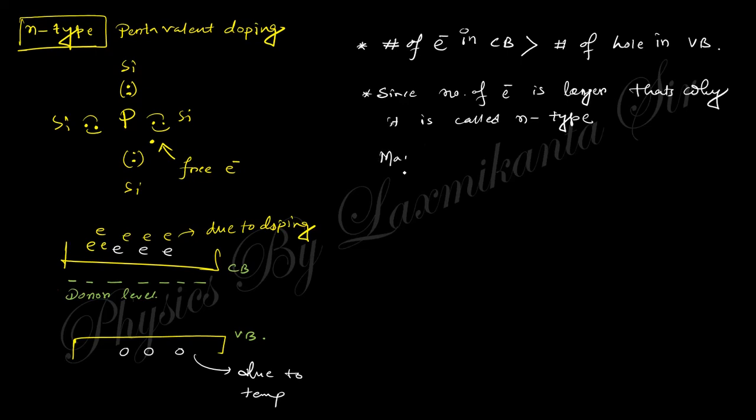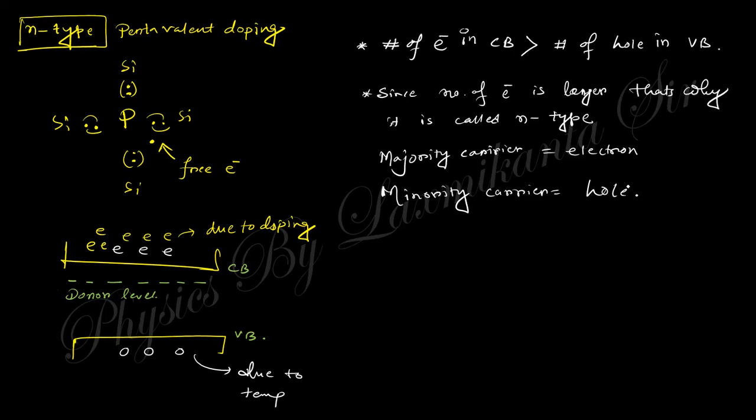So the majority carriers are the electrons, and the minority carrier is the hole.